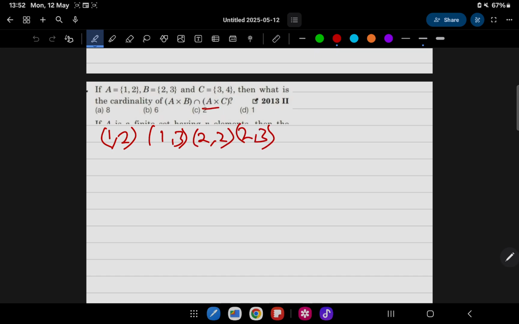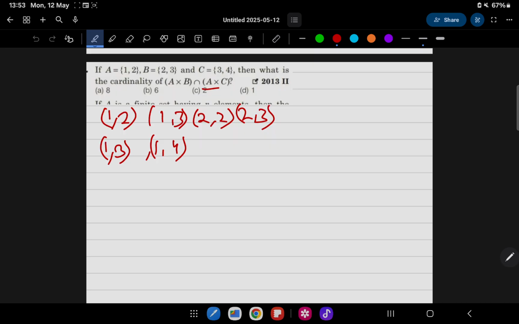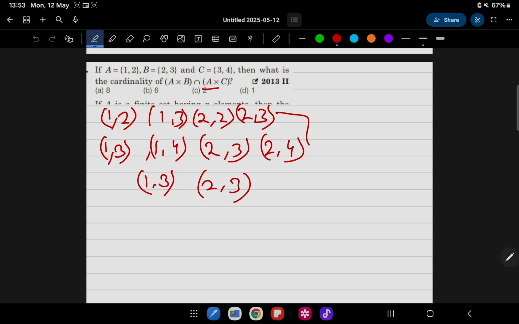And A cross C is (1, 3), (1, 4), (2, 3) and (2, 4). The common elements in these two are (1, 3) and (2, 3). So the intersection of A cross B and A cross C is (1, 3) and (2, 3). So there are two elements present in the intersection. Our correct answer is C.